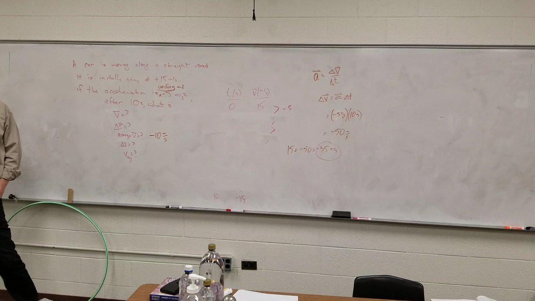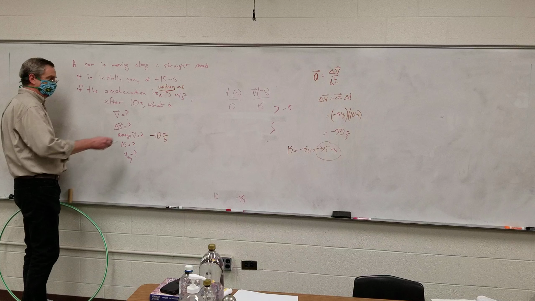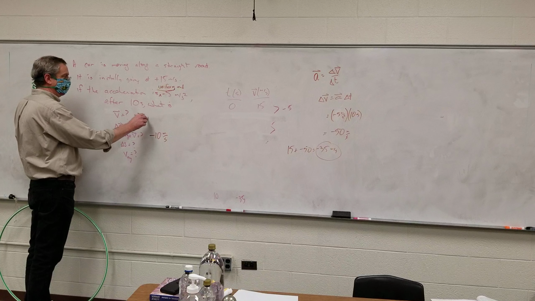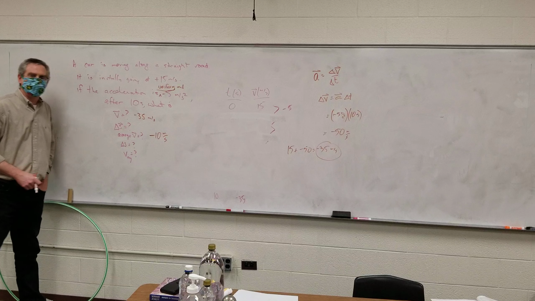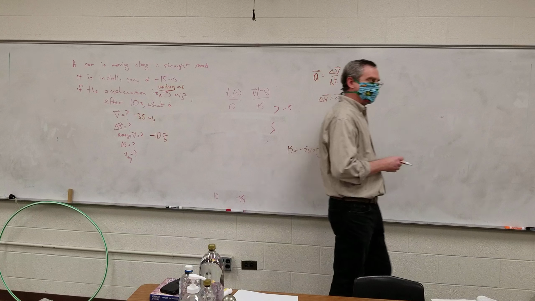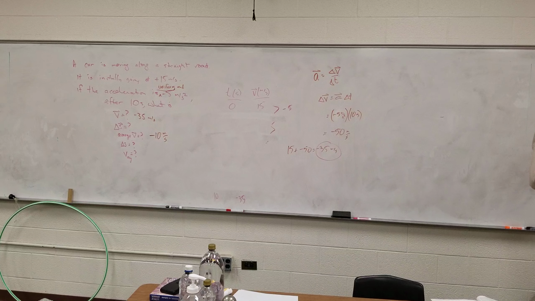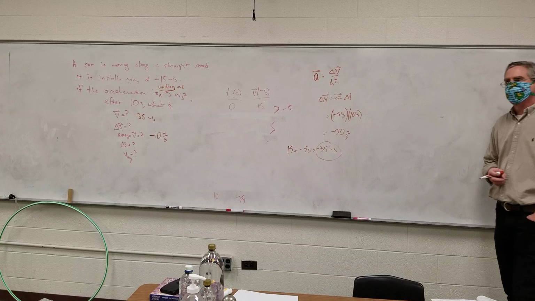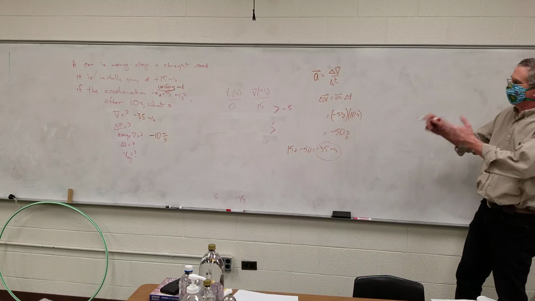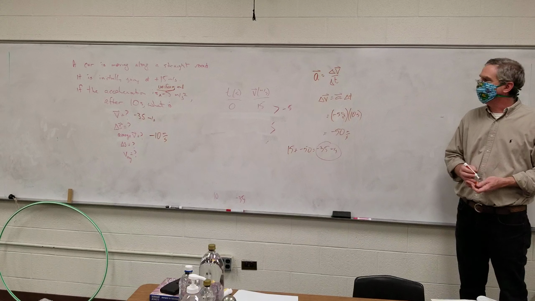If you do it both ways, you get different answers, then I'm willing to bet at least one of those is wrong. Anyway, negative 10 meters per second. This was negative 35 meters per second. Questions here before we talk about displacement? All right. What is displacement?